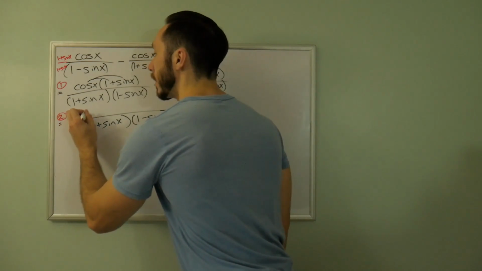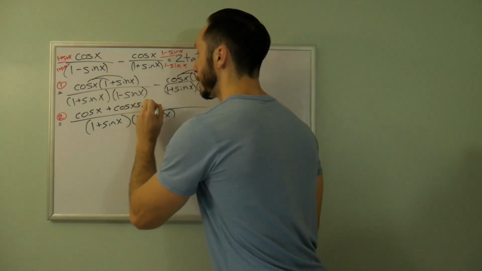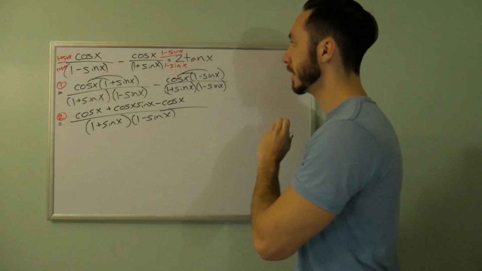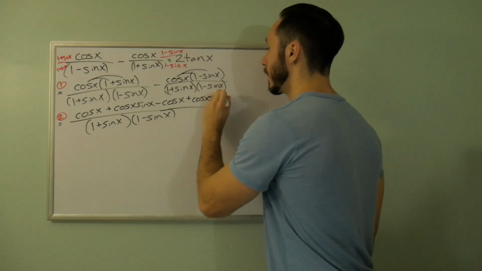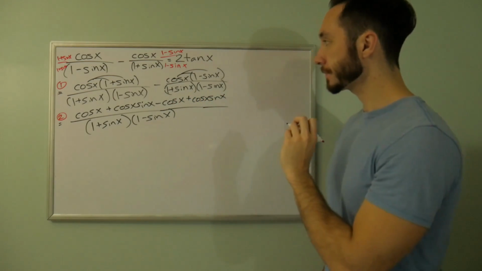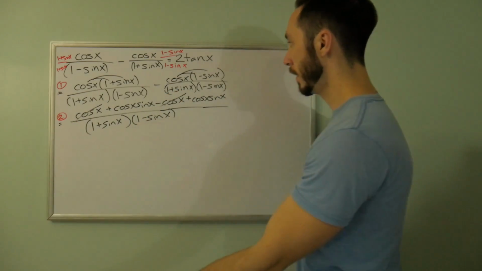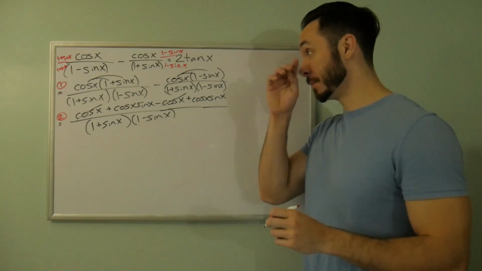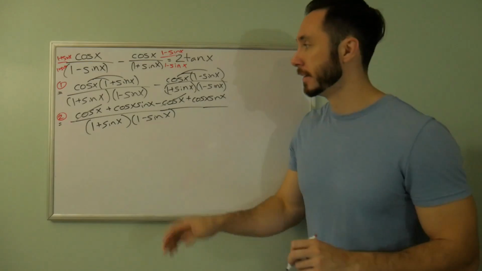I'm going to get cosine x plus cosine x sine x minus cosine x, hey, look at that cancellation, plus cosine x sine x. Okay, cool. I notice a cancellation, boom, boom. How many cosine x sine x's do I have up top? I have 2 of them, so I stick a 2 in front.